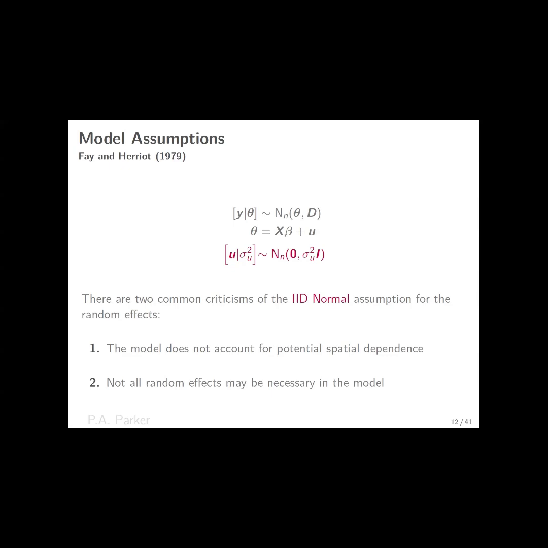There's a lot of work that has done that. And then another criticism that's a little more recent is that not all random effects may be necessary in the model. So it turns out if you don't include some random effects, or maybe you don't include any random effects, you can get better estimates of these population quantities. So I'm going to talk a little bit more about these two assumptions, and this is kind of the motivation for our work as well.